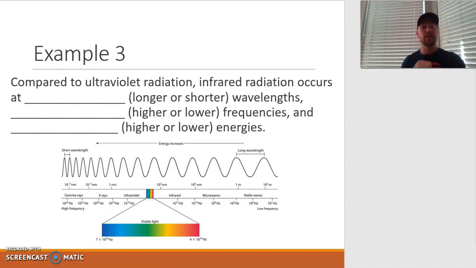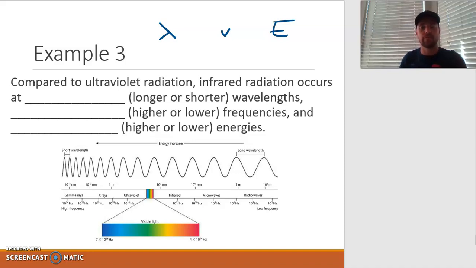All right, last example here for the video. Compared to ultraviolet radiation, infrared radiation occurs at blank wavelengths, blank frequencies, and blank energies. So this problem is testing whether or not we know the relationships between all the variables. So as a reminder, let's remind ourselves that these are the three variables we're going to look at.